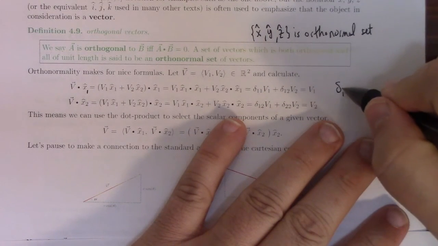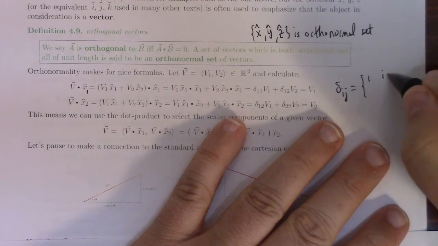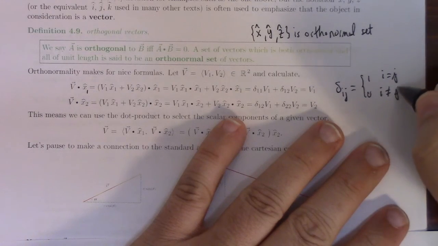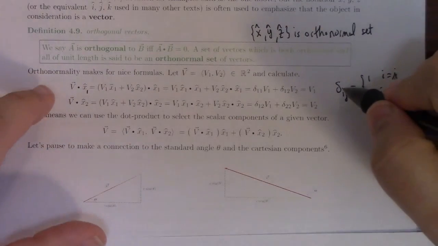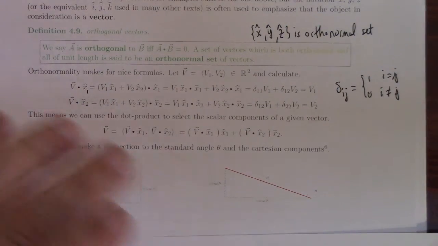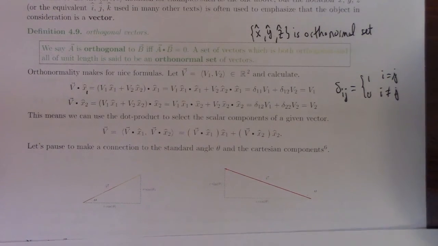So this is the Kronecker delta. Delta ij is 1 if i is equal to j, and it's 0 if i is not equal to j. It turns out that symbol really is the DNA, if you will, of the dot product, but you can ignore this bit right here. It's not something I expect you guys to know.